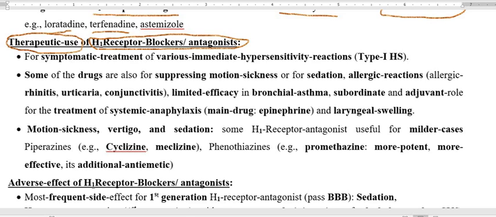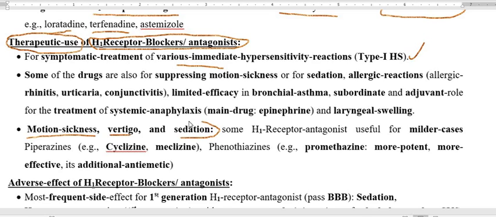Histamine produces hypersensitivity reaction and anaphylaxis, so we use the H1 receptor blocker for treatment of anaphylaxis. Histamine also produces motion sickness, and may or may not produce vertigo and sedation.